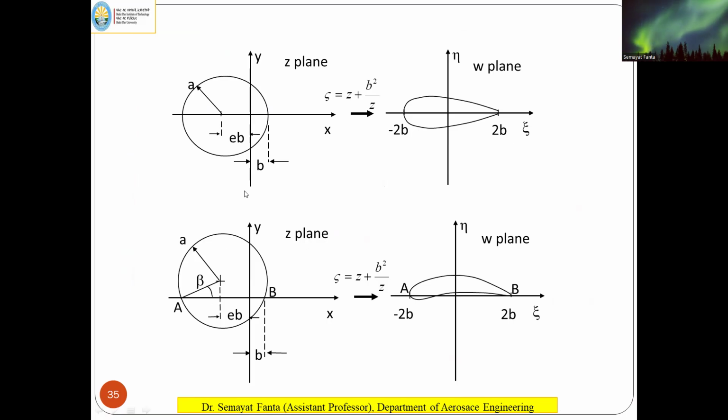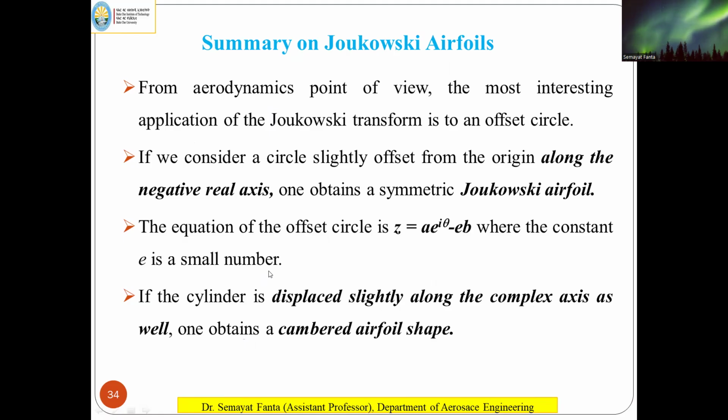If the center shifts in the imaginary axis, that is, the center is shifted up, the center is here and the circle passes through this line, shifted along the imaginary axis. What happens? We can find a cambered aerofoil. The equation of the offset circle is z equals a e to the i theta minus epsilon b, where the constant epsilon is a small number.